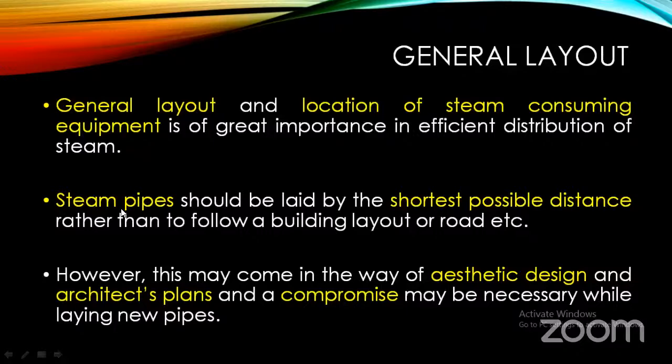So the steam pipes will be laid with the shortest possible distance. Other things that come into the design are the aesthetic view and architect plan. We need to have a compromise between all these. This happens only where we are going for a process industry. But in a power plant, the layout is already fixed.